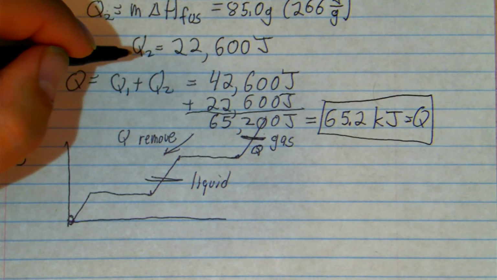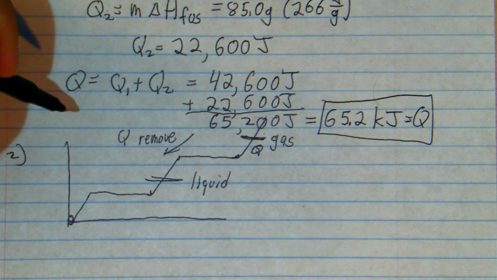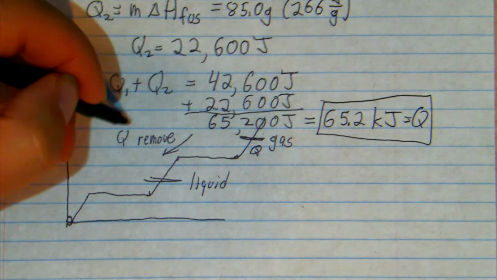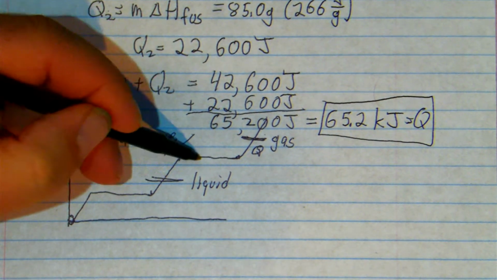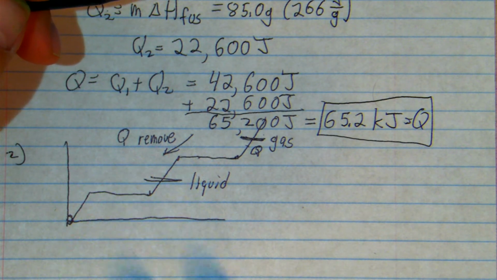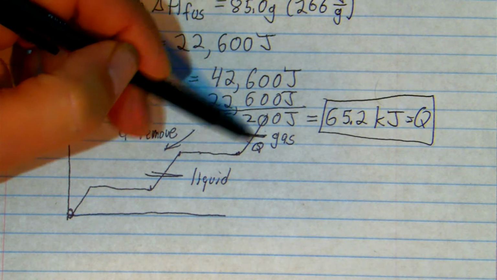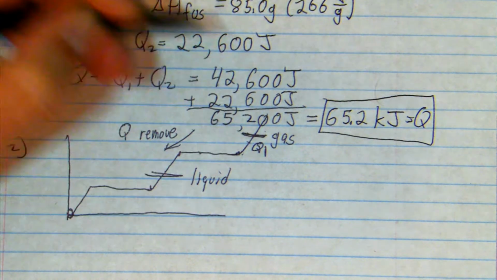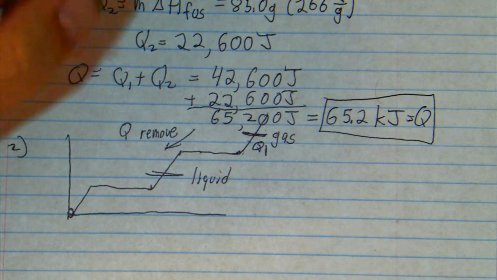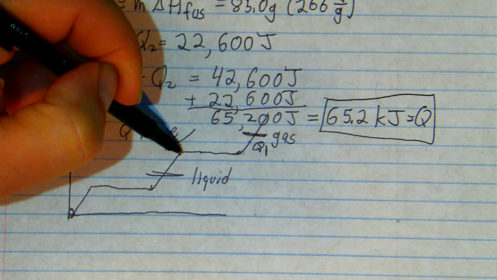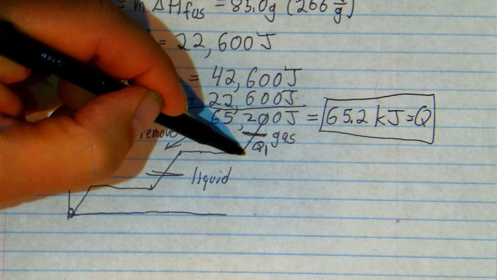And you can express that as a minus sign and say, okay, we need to take away this much heat. The order you do the calculations, you can do it whichever way makes the most sense to you. I'll do this one first. So I'll say first, I'm going to cool down the gas to its condensation point. That gets me only to here.